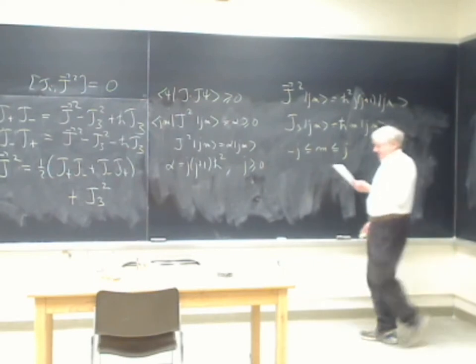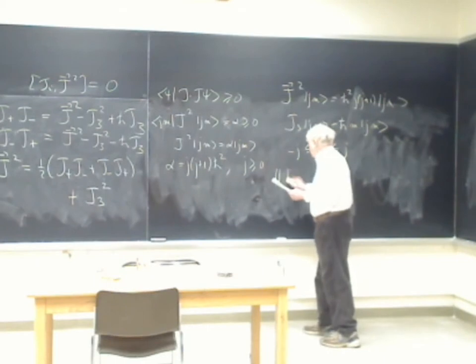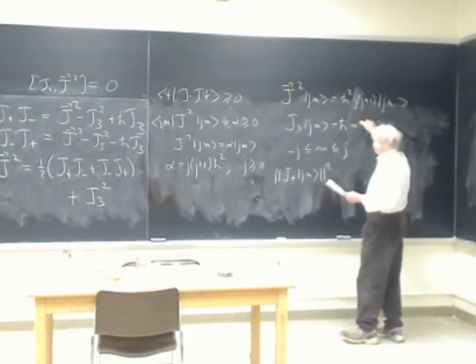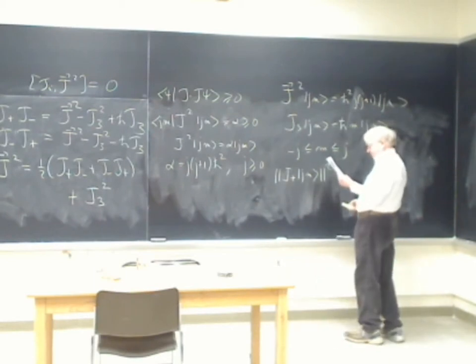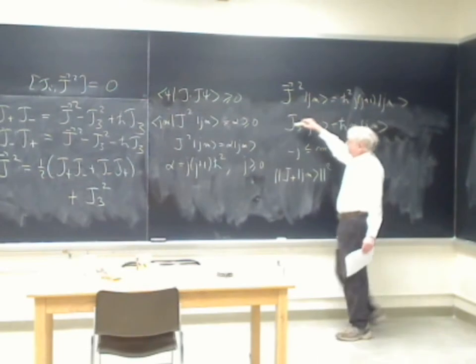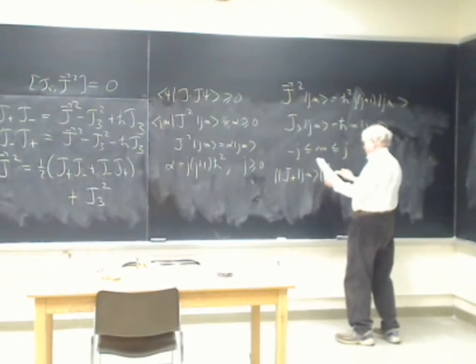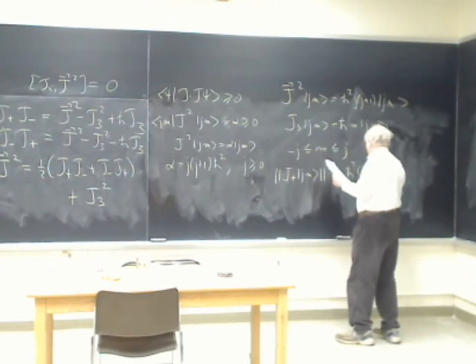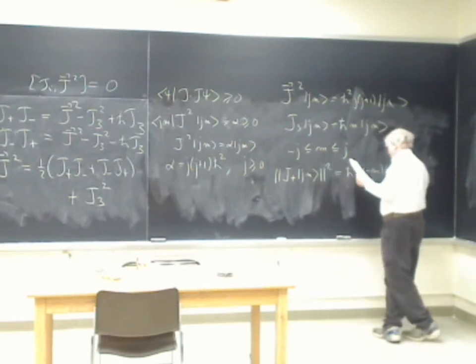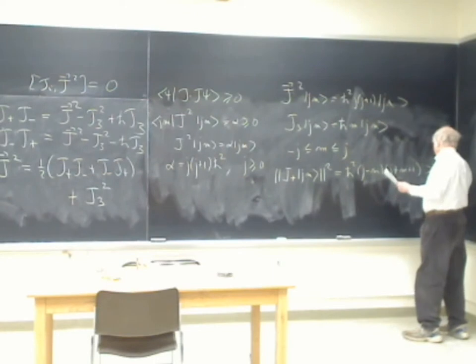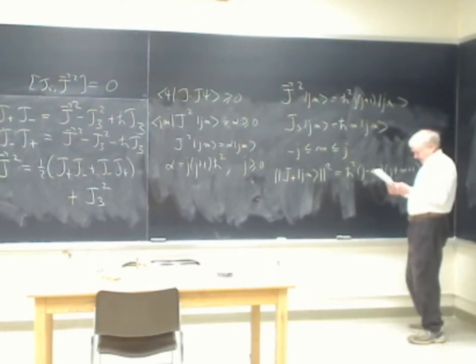And then we found that by considering the norm of J plus on the state Jm, assuming it's an eigenstate of these two quantities, which of course commute, because this is a scalar, J3 commutes with J squared. We found that this was equal to H bar squared (j minus m)(j plus m plus 1), and that has to be greater than or equal to 0.